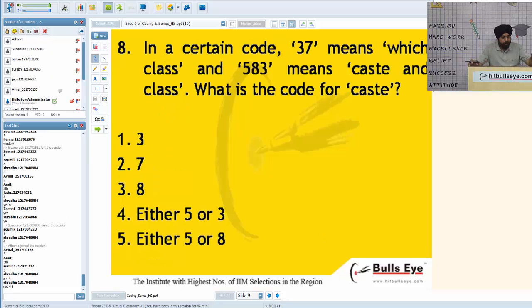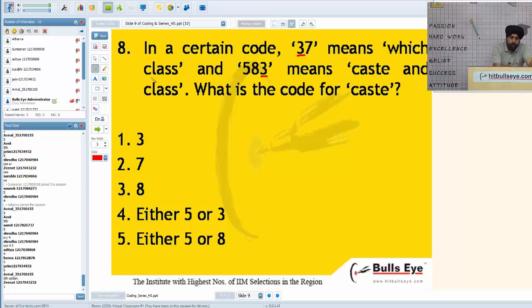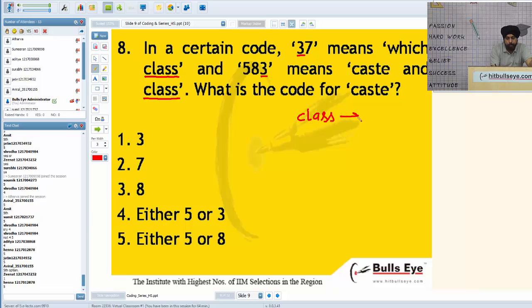This question. So we shall discuss it, students. See, I think you shall be understanding by now. Just see the common digit 3 and see the common word. It is class. That means the code for the word class happens to be digit 3, but the question talks about the word caste.